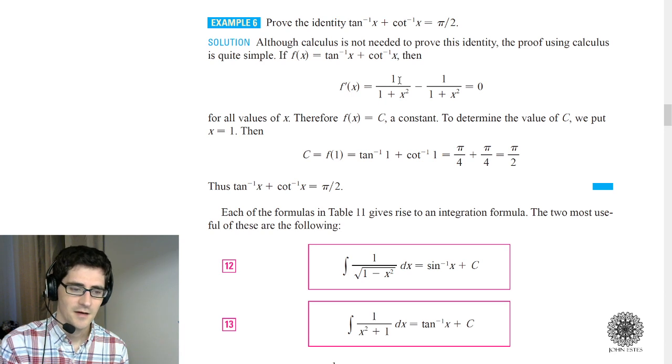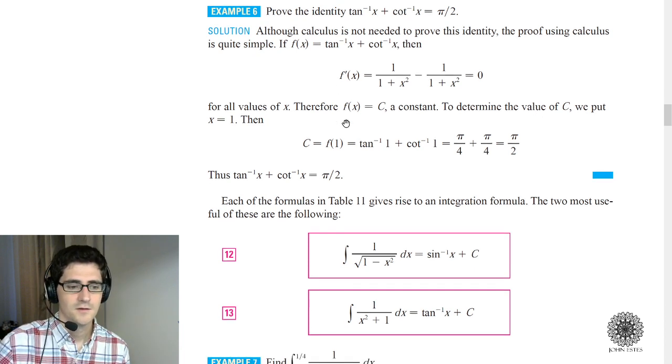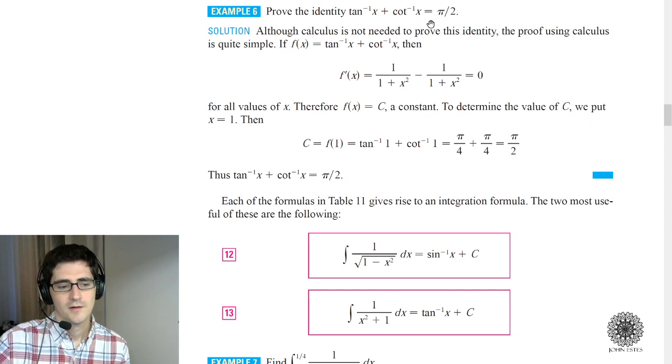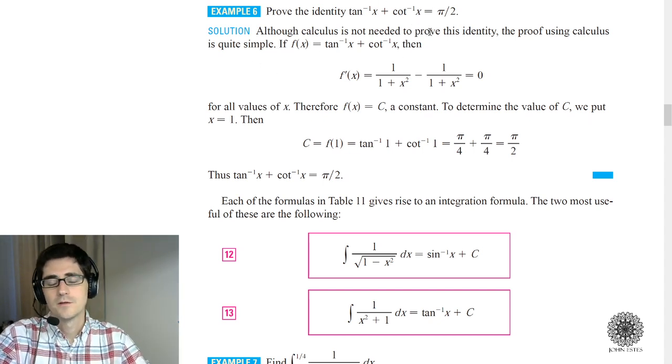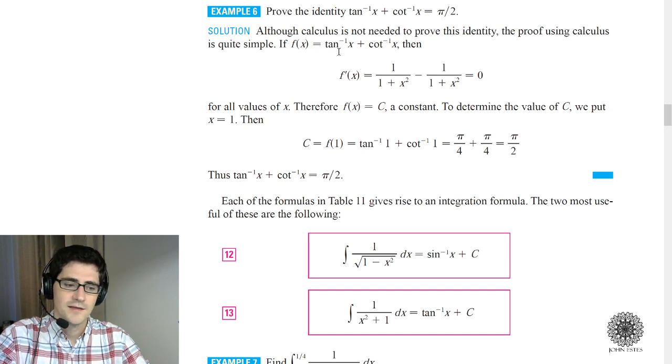But if you add arctan and arccotan, you always get pi over 2. So how do we figure that out? Now, you could do this using trigonometry, but let's take a calculus approach, which I think is pretty slick. So what we're going to do is define a function, f of x, to be tan inverse x plus cotangent inverse x, okay? Then when I take the derivative of that function, watch what happens.